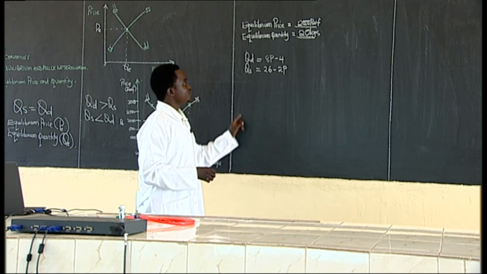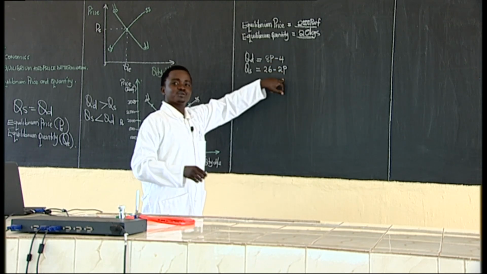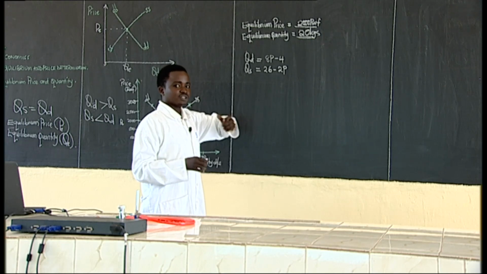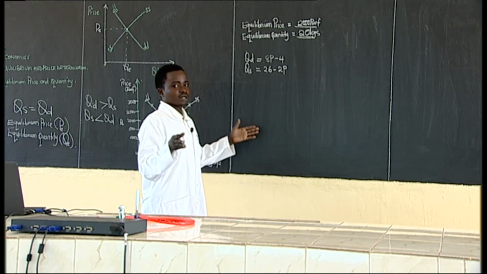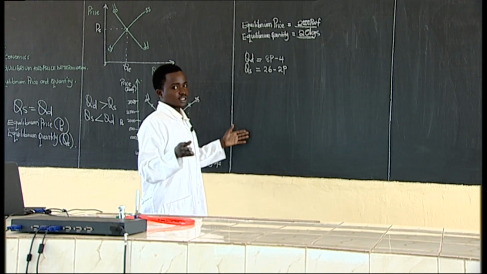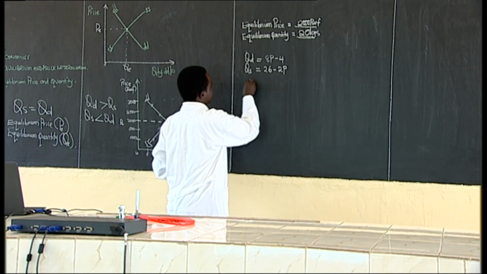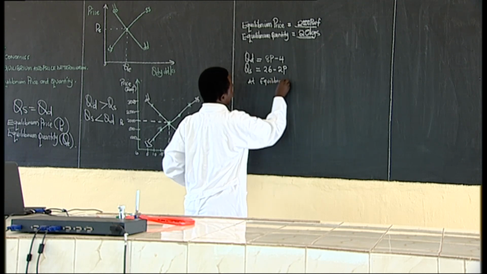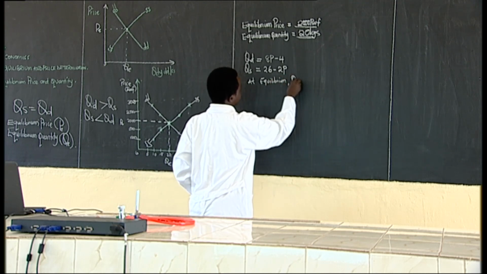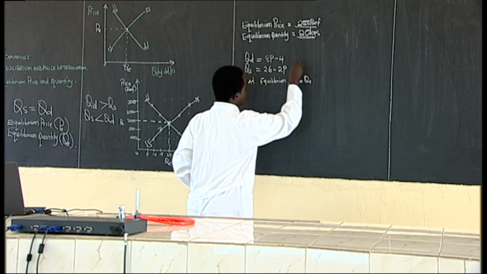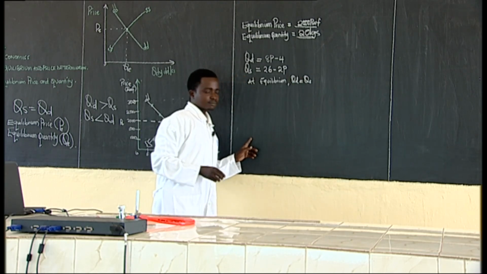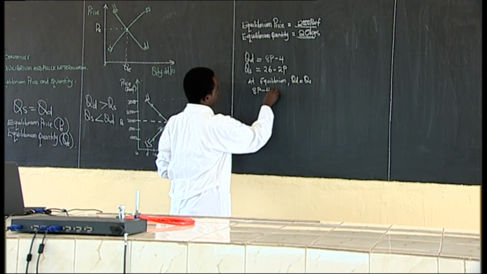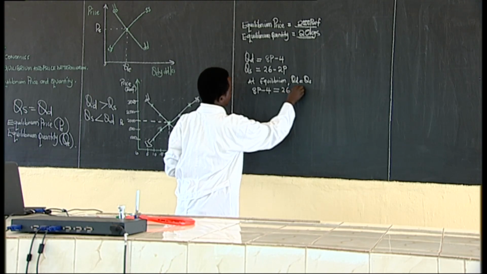Then you solve for the value of P, which will be the equilibrium price, and the value of Q will be the equilibrium quantity, which is quantity supplied or quantity demanded. So at the point of equilibrium, quantity demanded should be equal to quantity supplied. This condition must hold. Then from there, we have 8P minus 4 equal to 26 minus 2P.